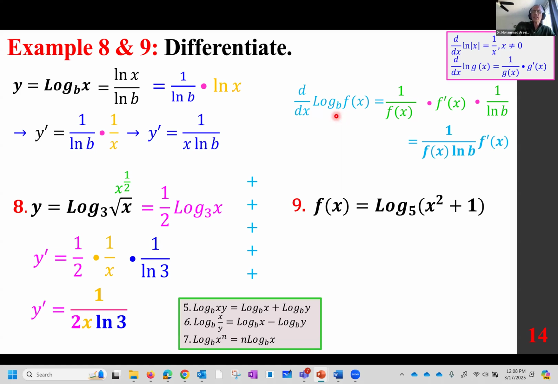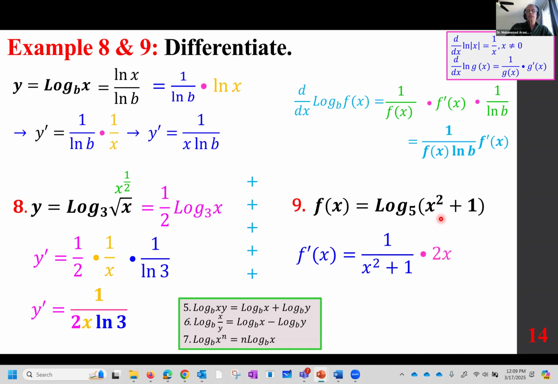So with that case, number one, you're going to ask yourself, can I decompose this? The answer is no. So you're going to move on. First, flip this over. So 1 over x squared plus 1. Then by the chain rule, the derivative of the expression, which is the argument of log, results in 2x.